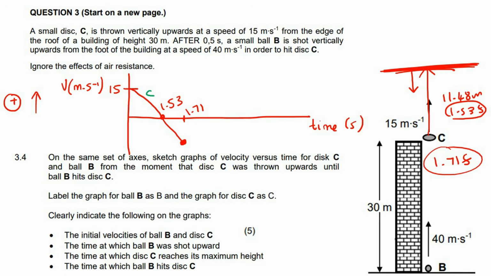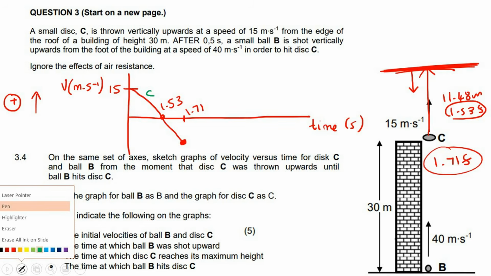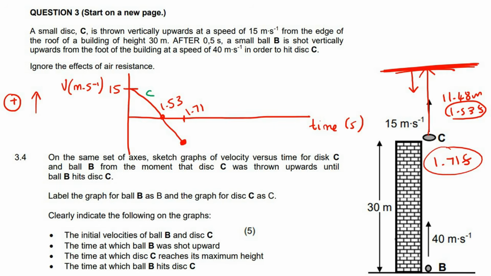Let's look at object B now. Object B starts at 40 meters per second. So if we extend our y-axis a little bit, we can put a 40. But be careful. It only started after 0.5 seconds. So at 0.5 seconds over here, that's where its graph must start. Immediately, what would happen to the velocity of this object? It would start slowing down.